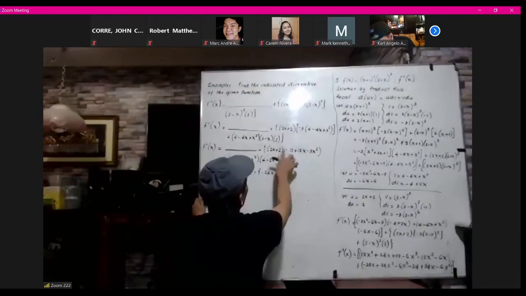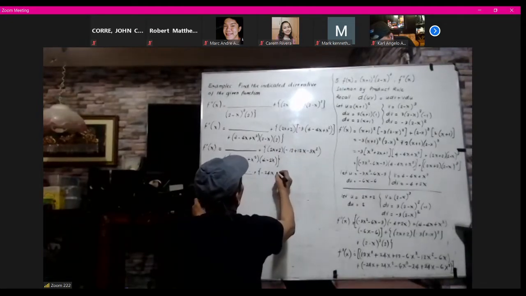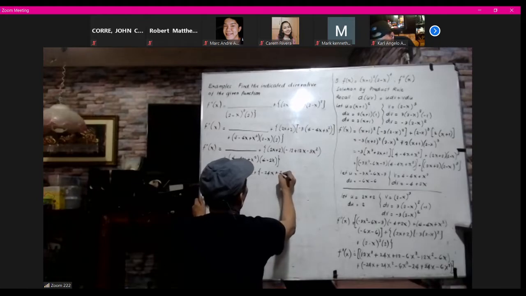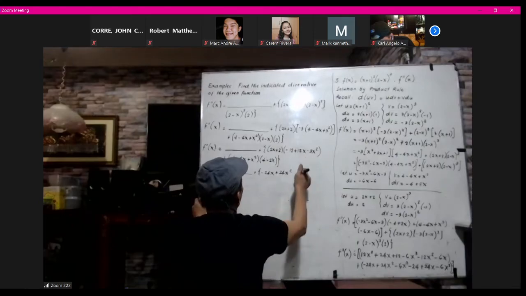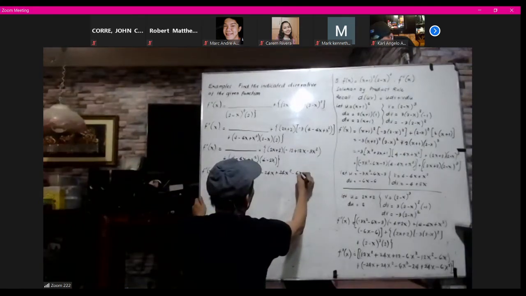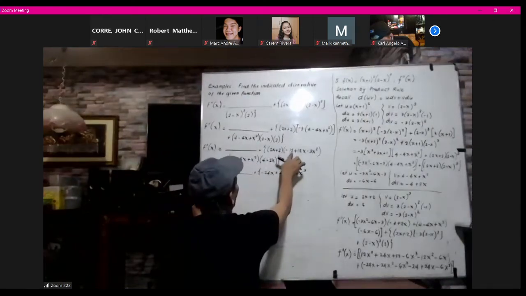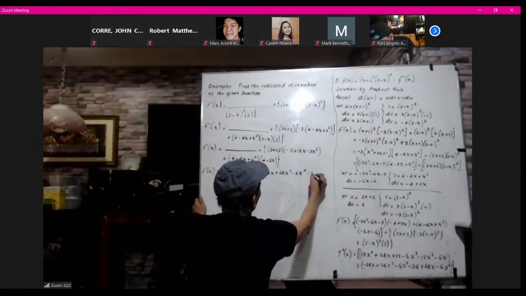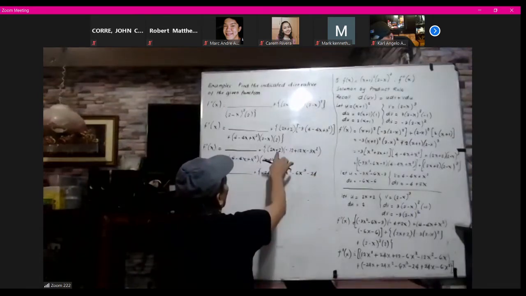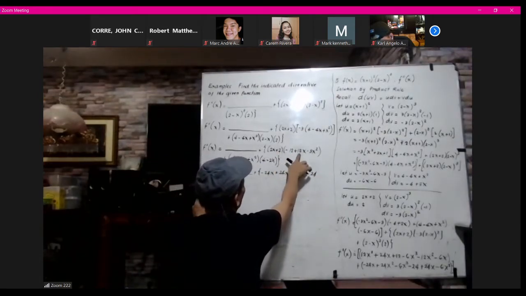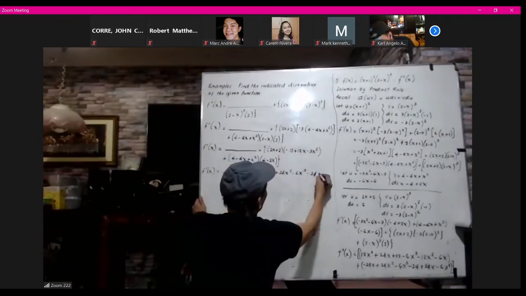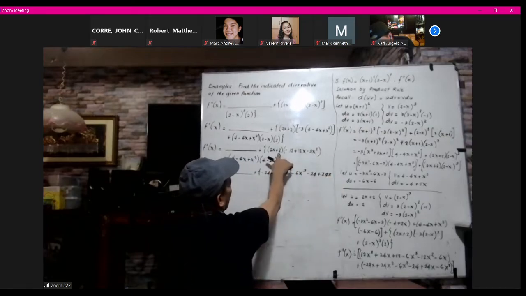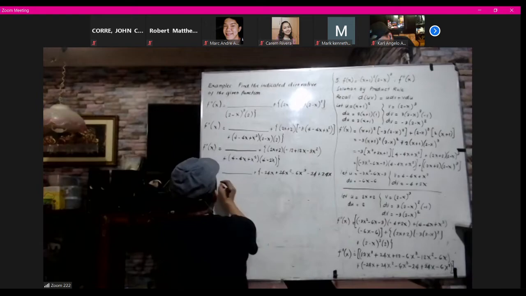Okay? 2x times 12x is equal to positive 24x squared. 2x times negative 3x squared, negative 6x cubed. Then 2 times negative 12, negative 24. Then 2 times positive 12x is equal to positive 24x. Then 2 times negative 6x is equal to negative 6x squared.